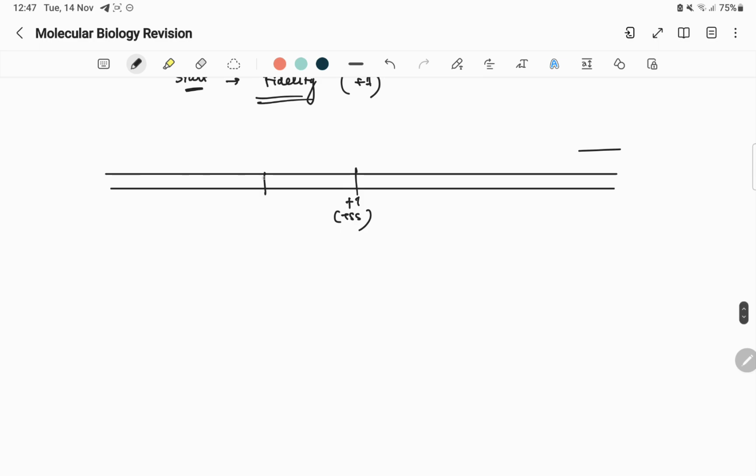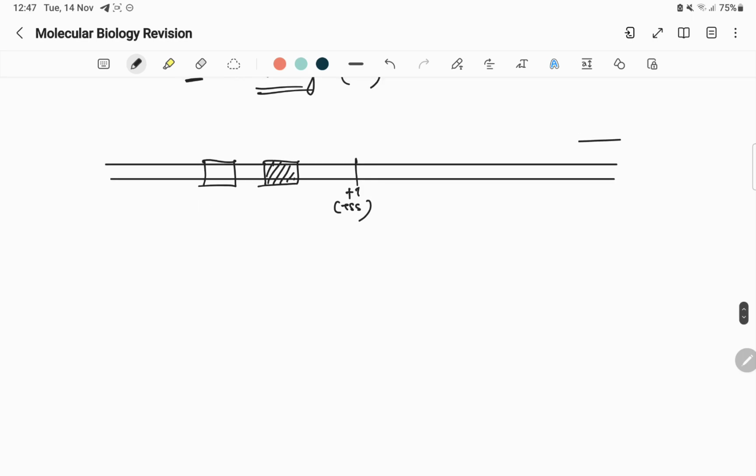Then you have two boxes over here; one of the boxes is called a promoter element. Proximal promoters and distal promoters are also present over here.